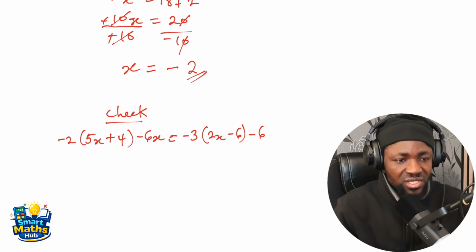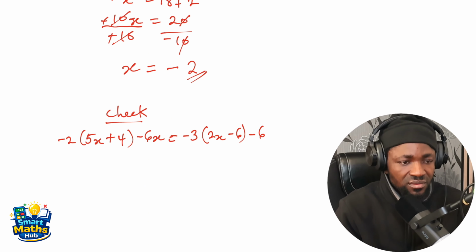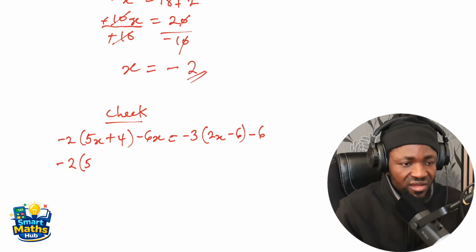Here, what's the value of x? So that's where we are going to use the value of x. Minus 2, open the bracket, 5, open the small bracket. What's the value? Minus 2.